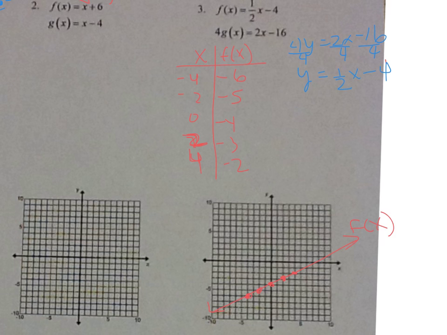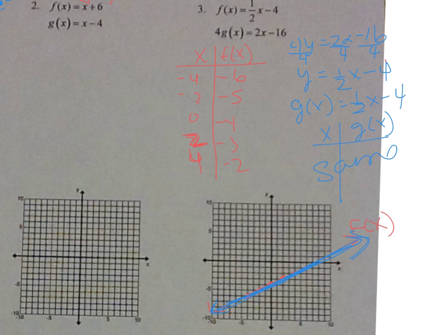Now notice that this equation is the same exact equation. G of x and f of x are the same exact thing. They are the same exact equation. So that means that one graph lies right on top of the other graph. So what's the solution?